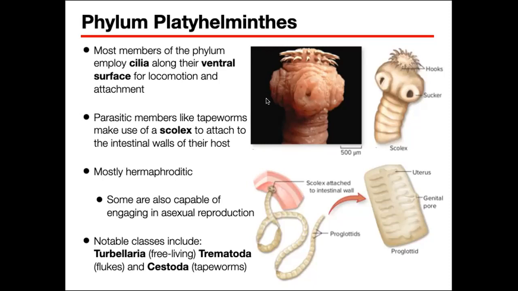This is the totality of the scolex, and the scolex is made up of hooks for attachment and suckers for getting nutrients from its host. Okay, usually attached to the intestinal wall of this flatworm's host, and they're mostly hermaphroditic, and some of them are also known to be capable of asexual reproduction.